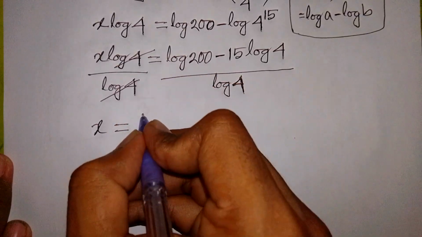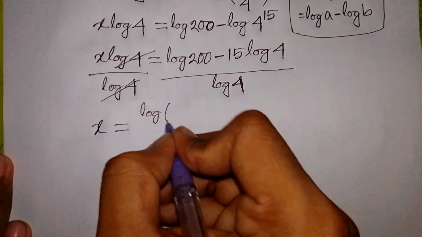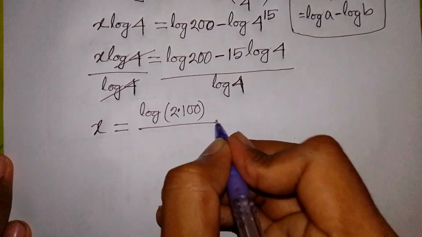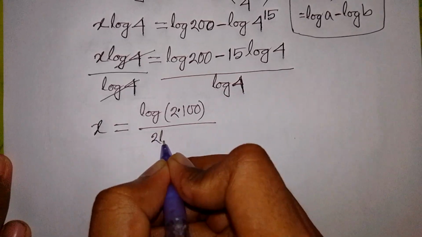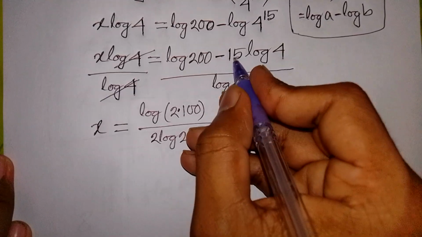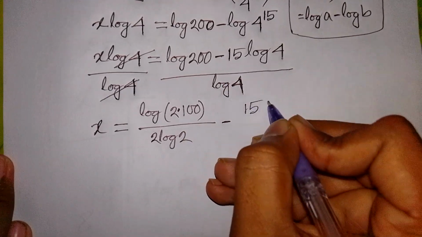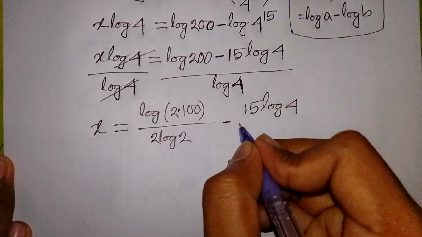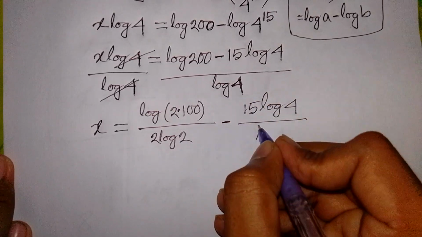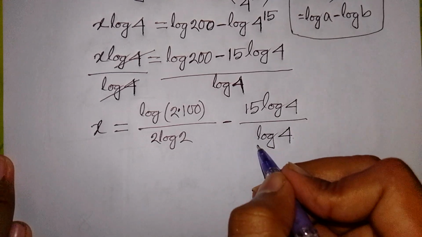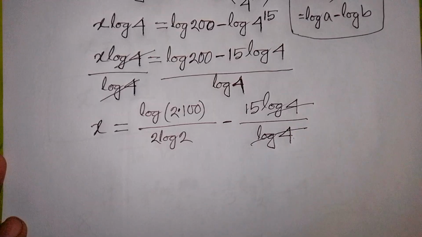So log 200 can be written as log of 2 times 100, over log 4, which is the same as 2 log 2. Then here minus 15 log 4 over log 4. We see this log 4 will be cancelled.